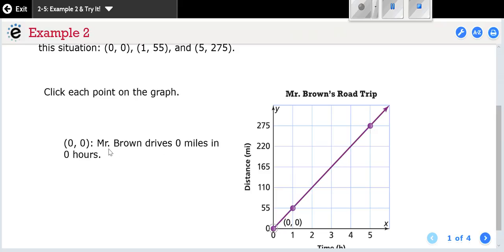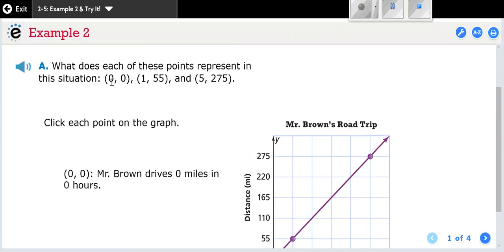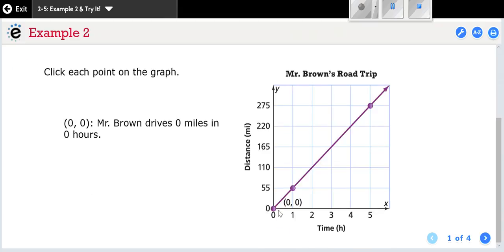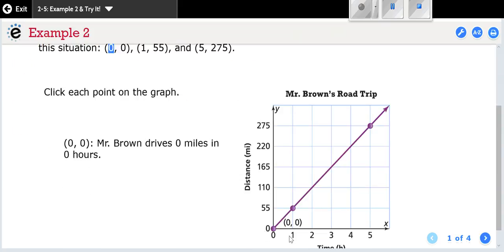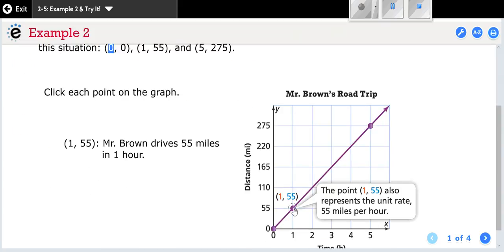So we have the 3 points here, right? So we have point 1, 0, 0. If we were to analyze this, we would say 0 is how far we've moved on the x, so that would be 0 hours, and distance would also be 0.